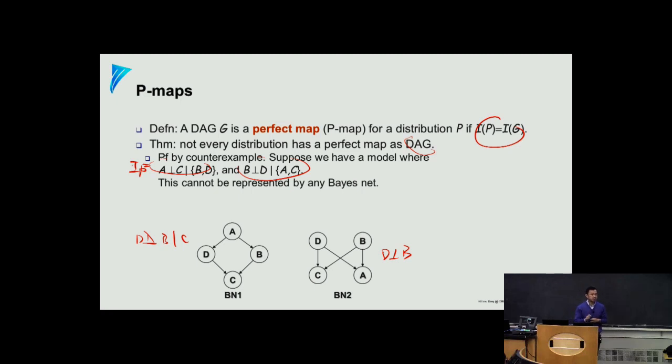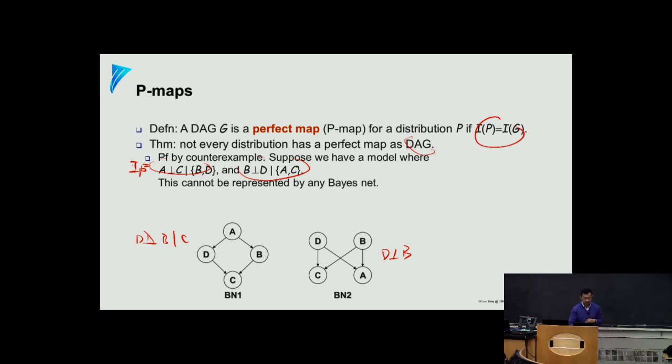There is no DAG which encodes exactly the same set of conditional independencies as in this set. Meaning that not every distribution has a perfect map in a DAG.